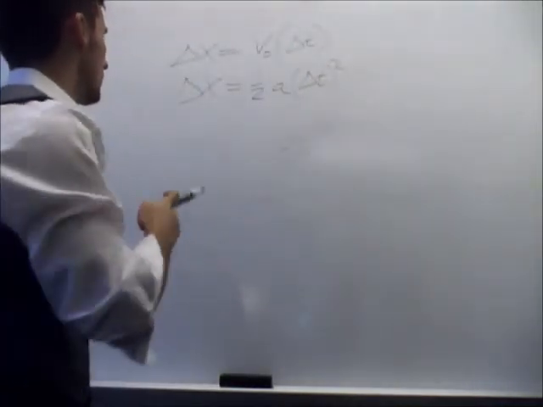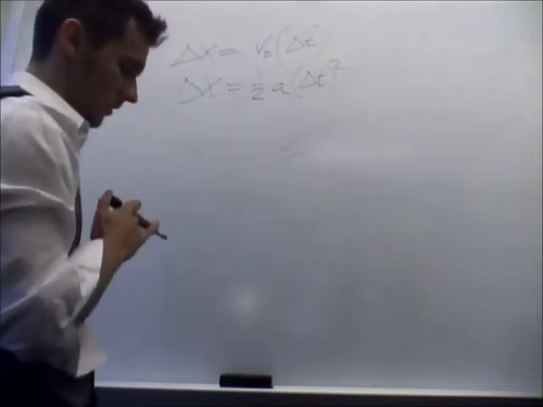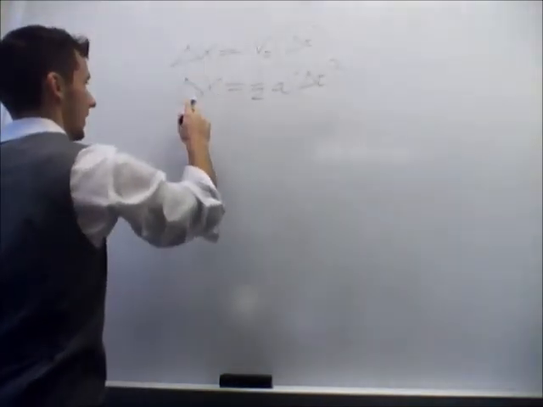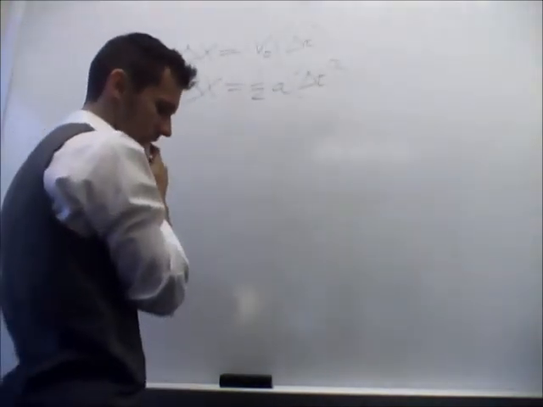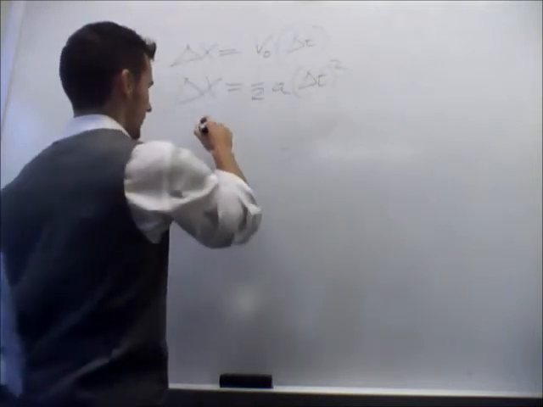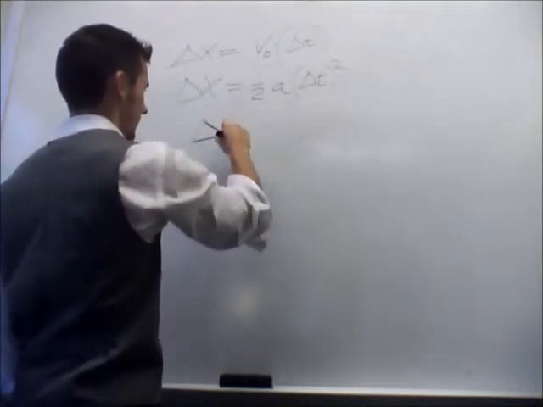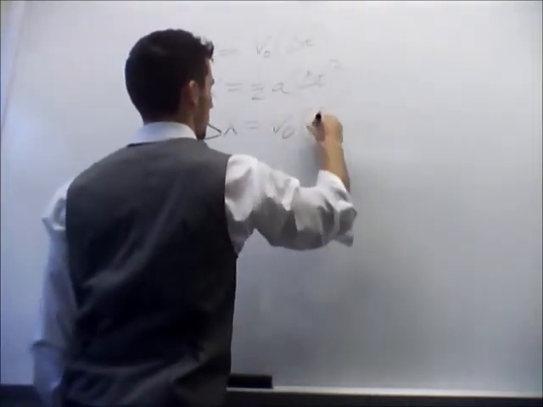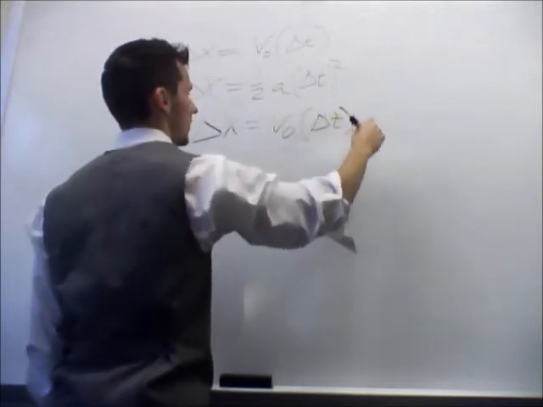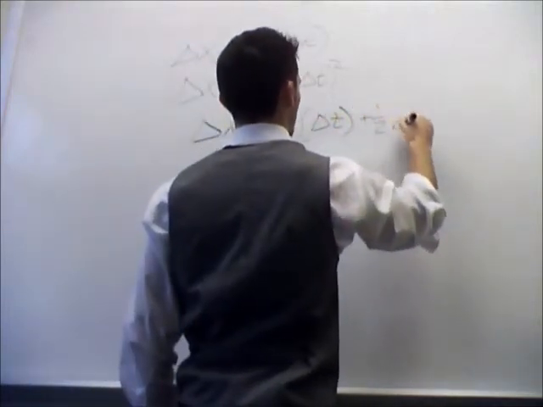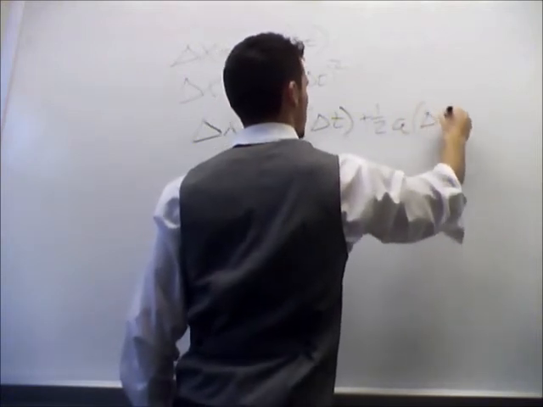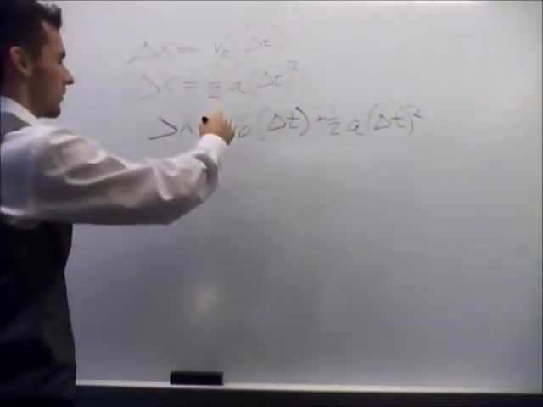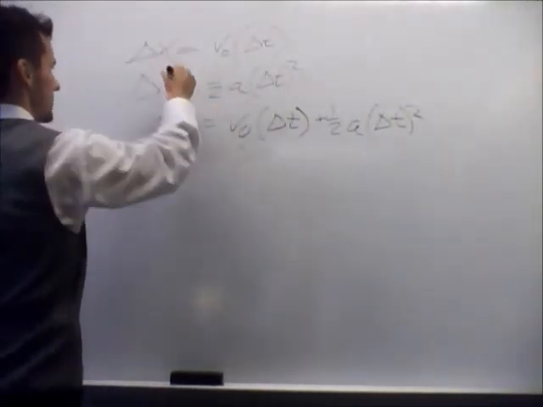And so if we plug this one into that one, we'll be left with change in x equals V0 change in t plus 1/2 a change in t squared. So you put these two together. All of these delta x's are different.